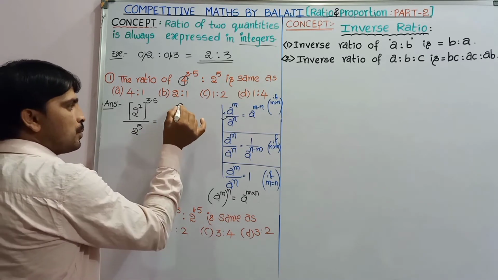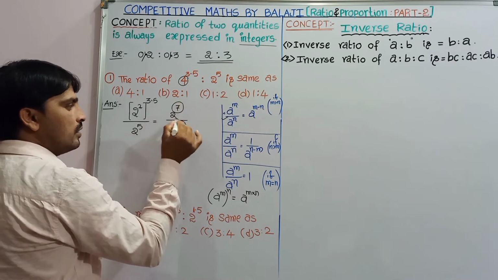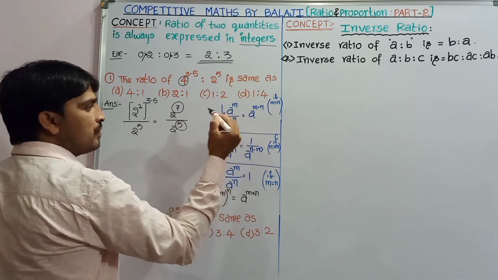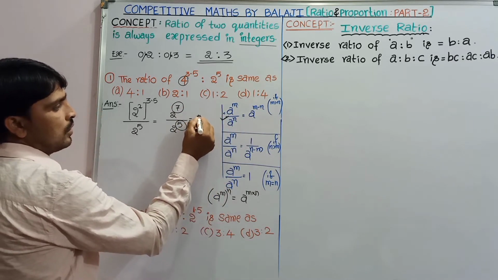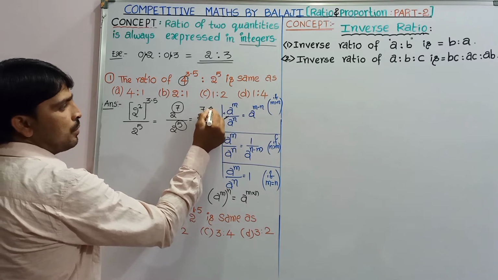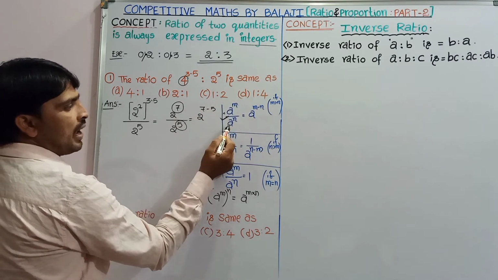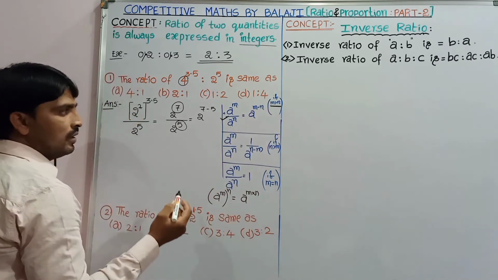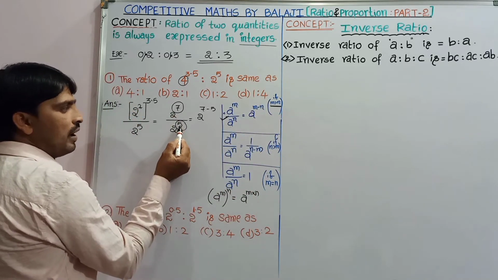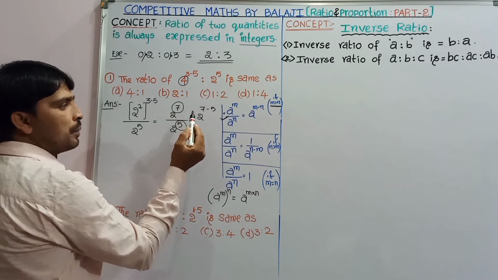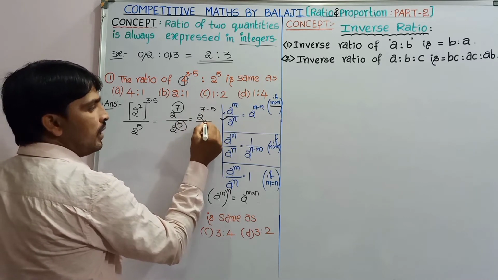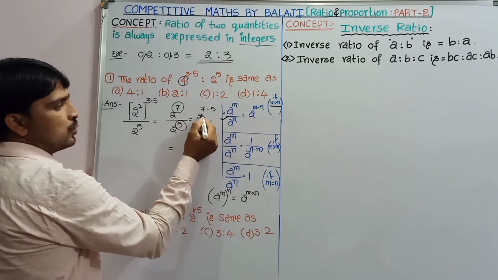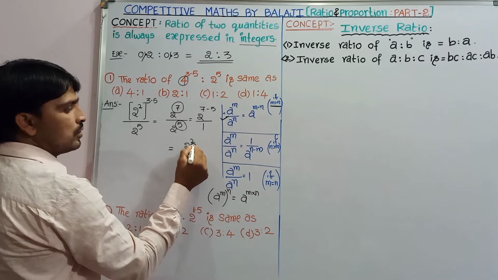See this, the exponents are 7 and 5, and 7 is greater than 5, so we use the first formula to simplify this: a power m by a power n equals a power m minus n when m is greater than n. So 2 power 7 by 2 power 5 can be written as 2 power 7 minus 5, and in the denominator we have 1. 7 minus 5 is 2, so 2 square by 1.